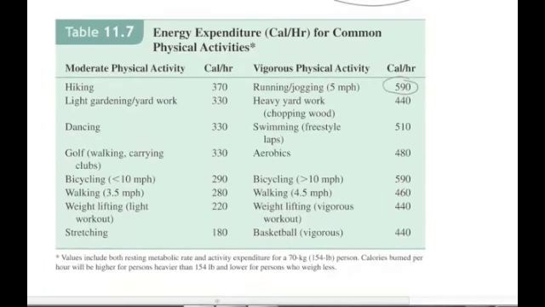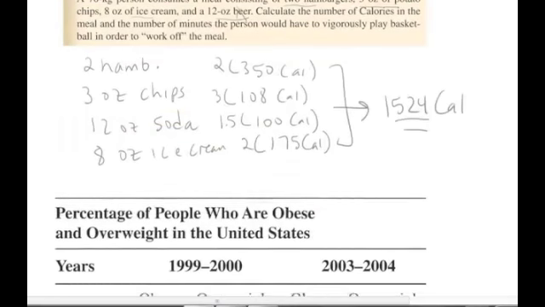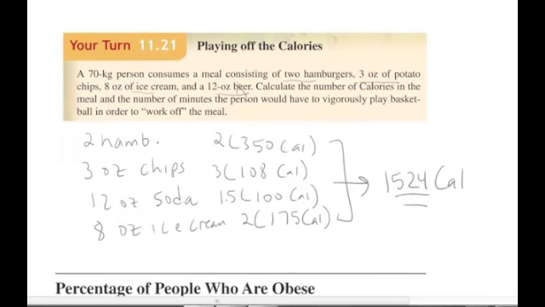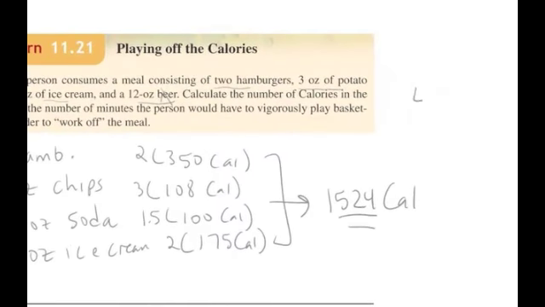Okay, here we go. If you play basketball, you burn 440 calories per hour. So we want to know how many hours, or how many minutes, I need to play basketball. We'd say the total calories divided by the calories per hour.